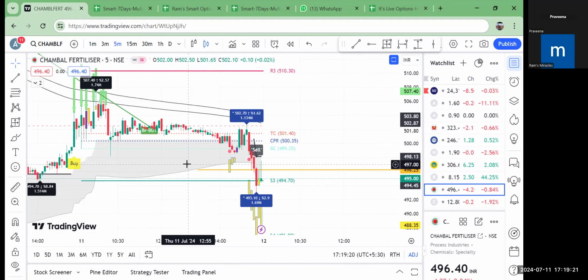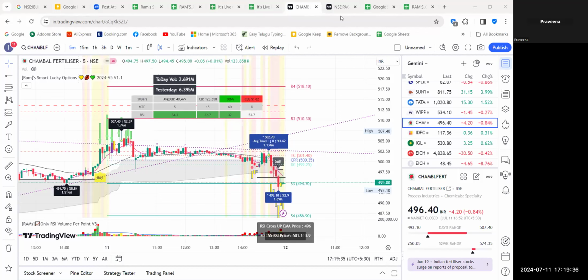Now, to give another confirmation, let me share my screen. This is the special option indicator I have developed.